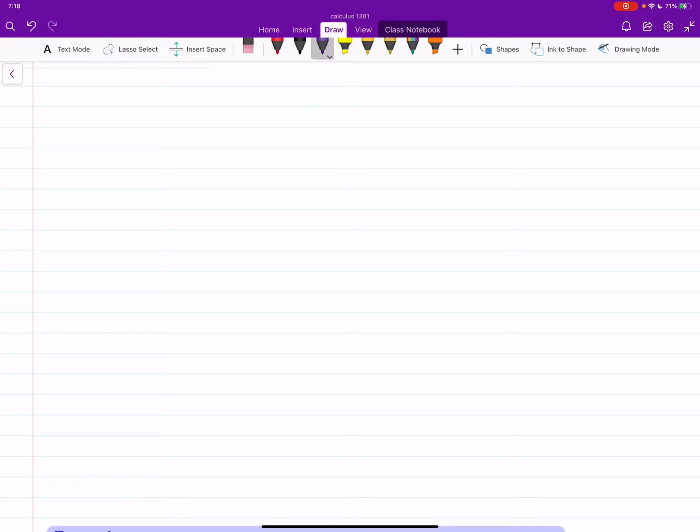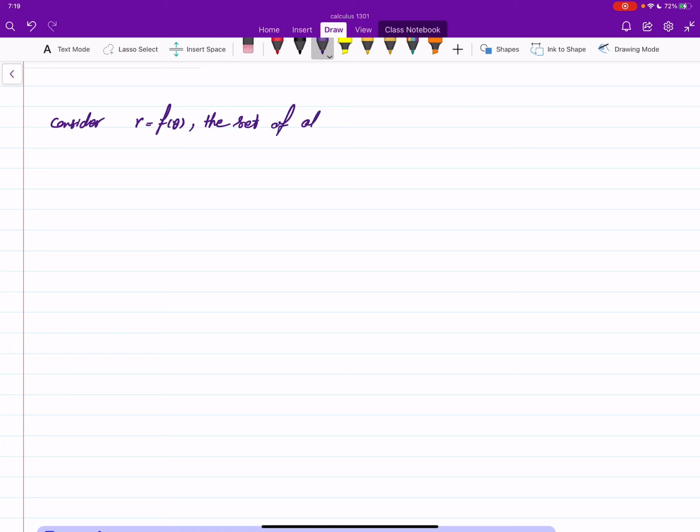Well, consider r equals f of theta. For different values of theta, when you fix that value, it will give you a fixed r. Consider the set of all points with polar coordinates.